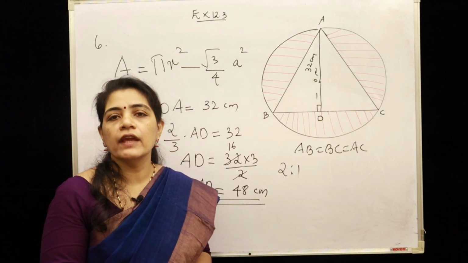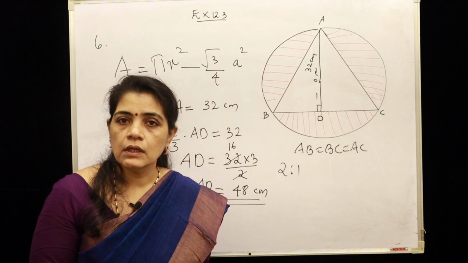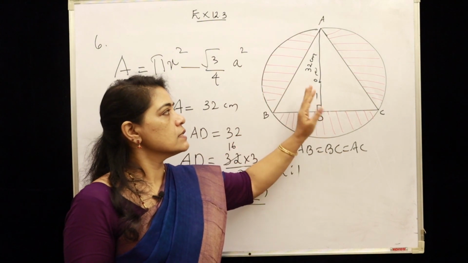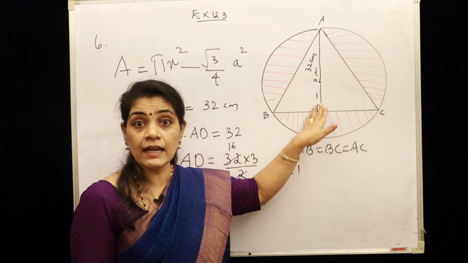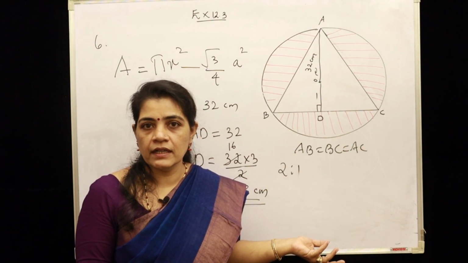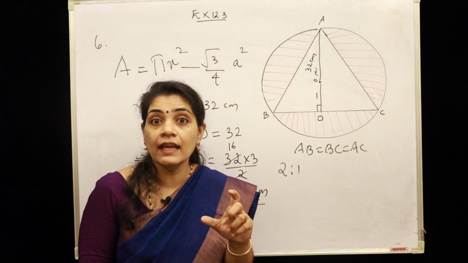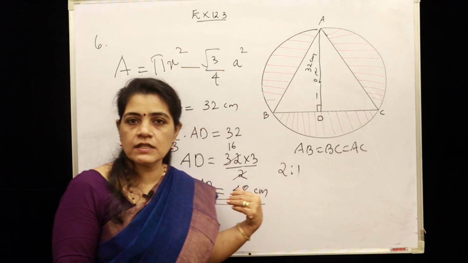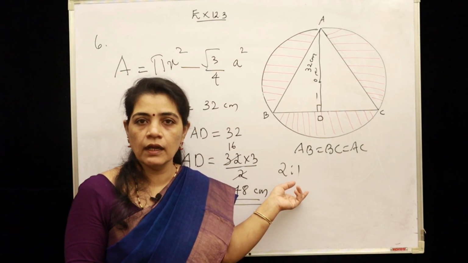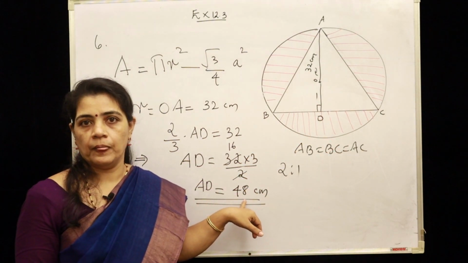Okay, why have we found AD? Because we are going to find the side of the equilateral triangle, and that is nothing but AB. We haven't reached our destination, children. We have to find AB. In order to find AB, AD is the first part that we have already seen from this very important result: the centroid divides the median in the ratio 2:1, and we have found that AD is 48 centimeter.